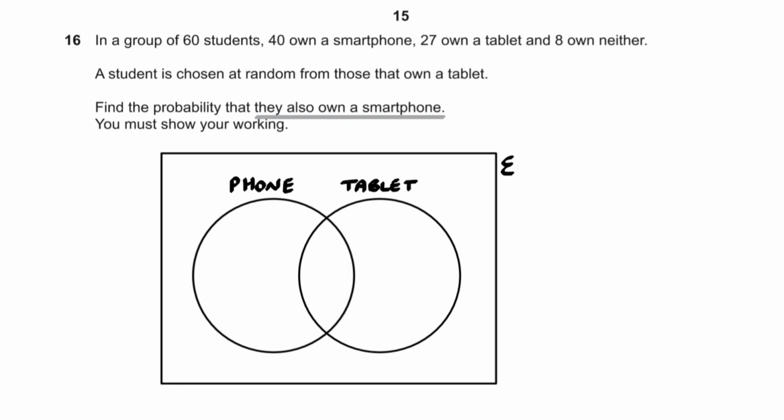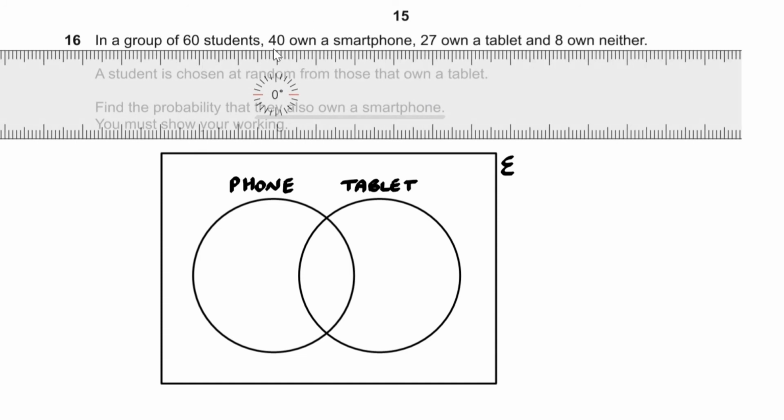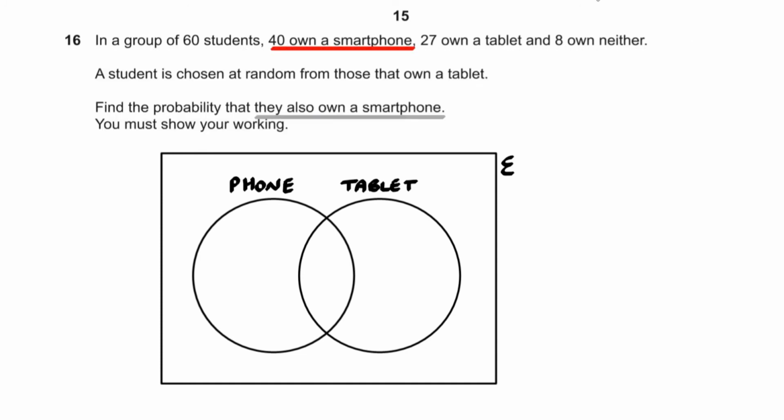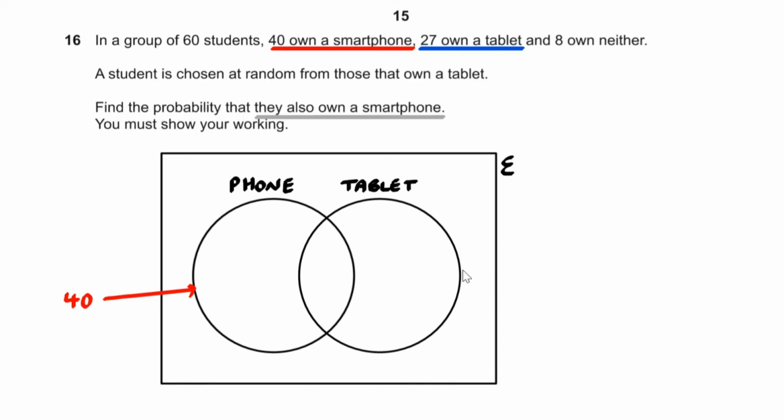Now what we know so far is we've got 40 people who own a smartphone. 27 of those own a tablet.